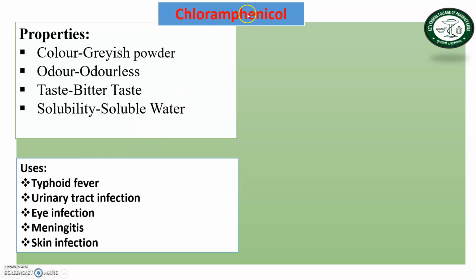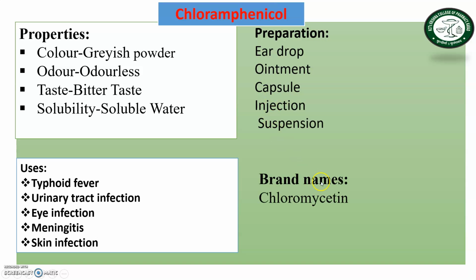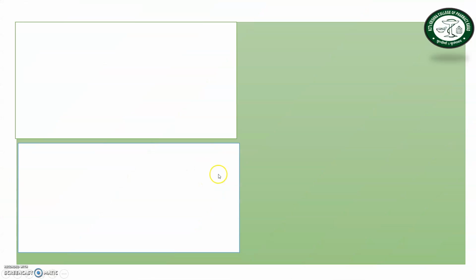These are the uses of this. For preparations, it is available as ear drops, ointments, capsules, injection, suspension. Brand names: chloromycetin and chlorostrin. This is all about chloramphenicol.